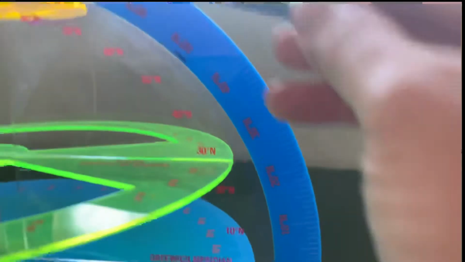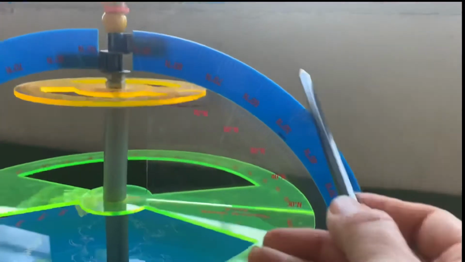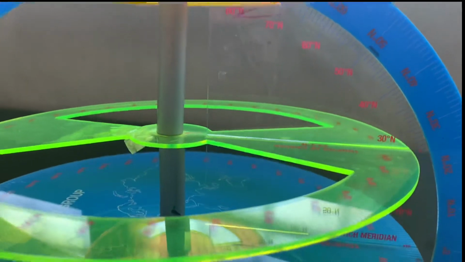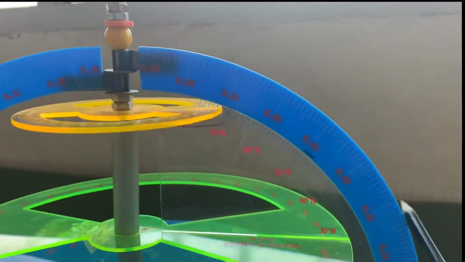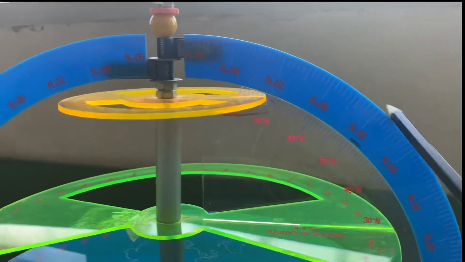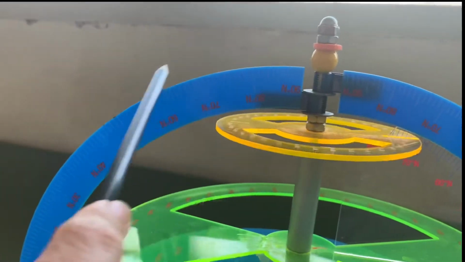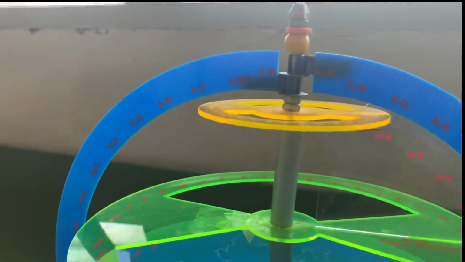This whole semicircle, from south to north, has longitude 0 degree. So we say 0 degree longitude, and the one just opposite to the 0 must be 180 degree. Why is it 180 degree? I will explain to you.